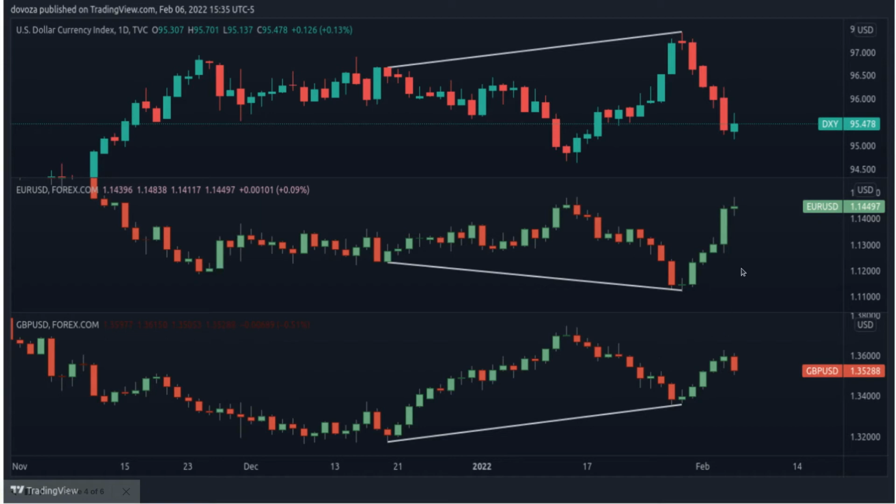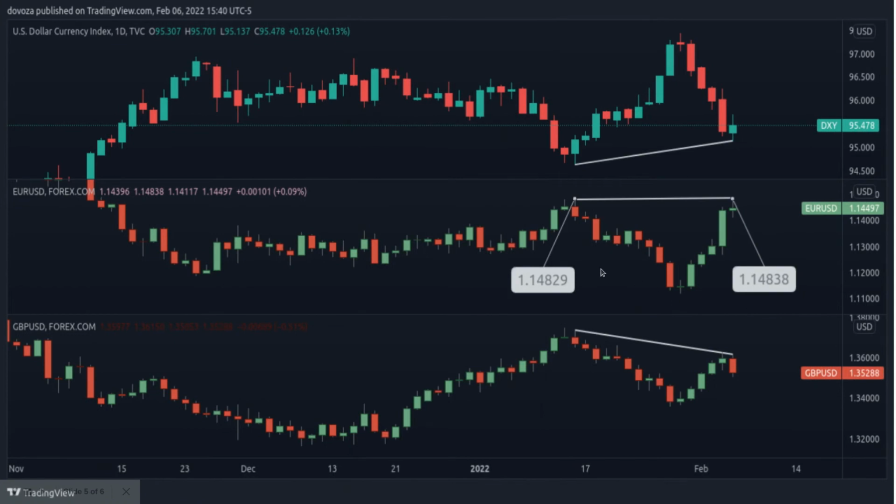Well, let's take a look at what has happened now. You see here, the dollar, as you can see, made a higher low, higher low, higher low. The pound, lower high, lower high. The euro, on the other hand, this is a lower high, but this is now a higher high.